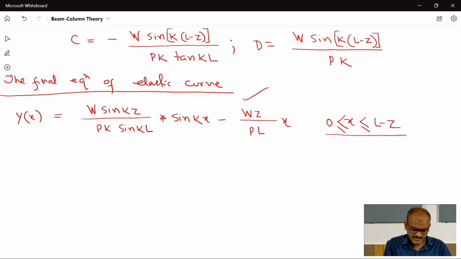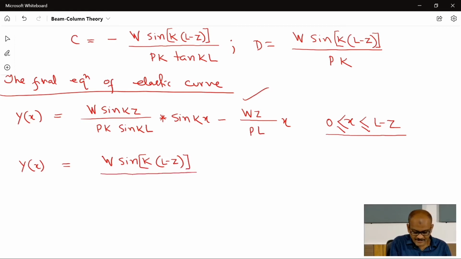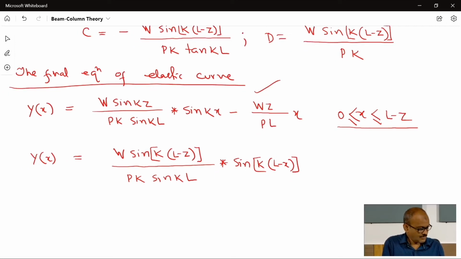This is the elastic curve, and y(x) is equal to W sin k(L minus z) divided by Pk sin kL into sin k(L minus x), minus W(L minus z) into (L minus x) divided by PL.